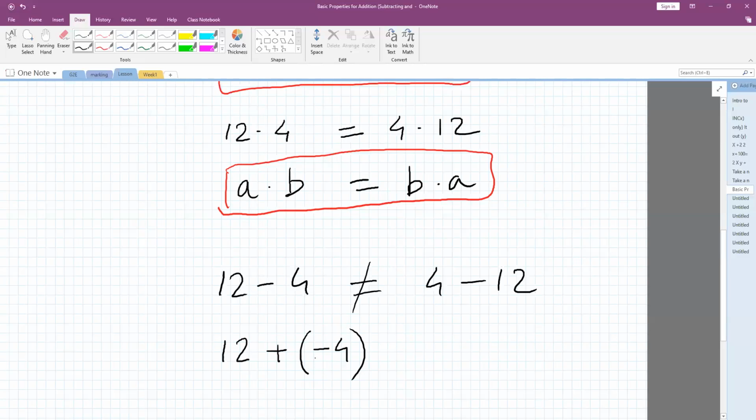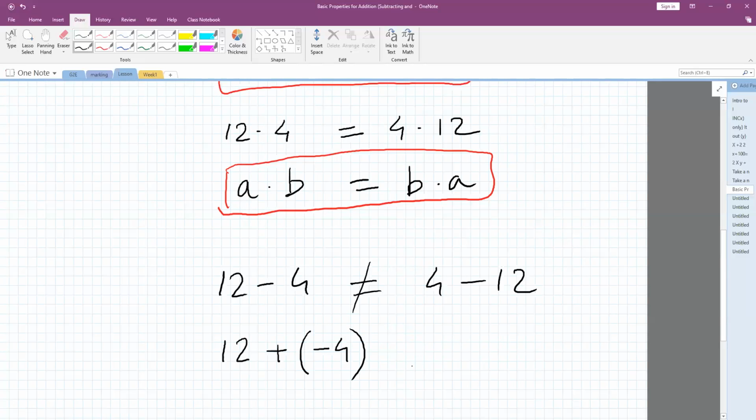For example, 12 minus 4 is like you have 12 and then you add negative 4. So there are negative numbers that you need to realize, instead of just positive numbers.